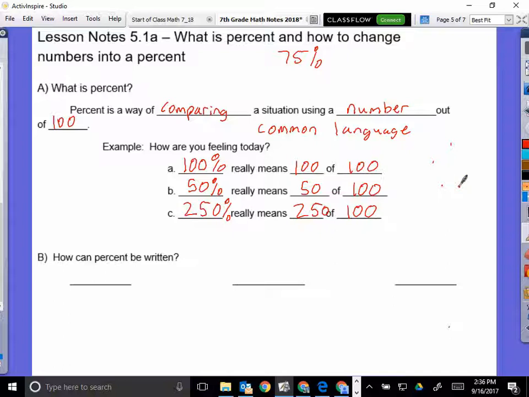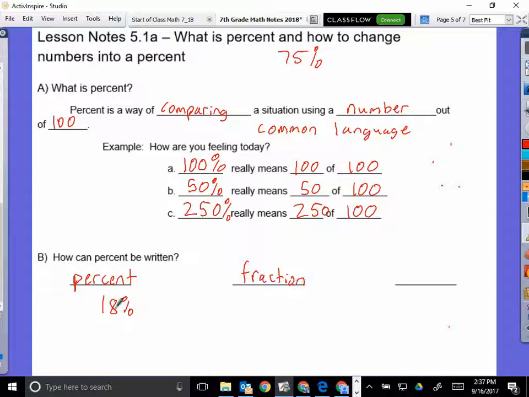Let's take a look at how percents can be written. All right, a percent can be written obviously as just a percent. That's the most common way it's written. Like, for example, we'll just go with an 18%. Okay, a percent, if it's written like that, it has that percentage sign. All right. We can also write a percent as a fraction.